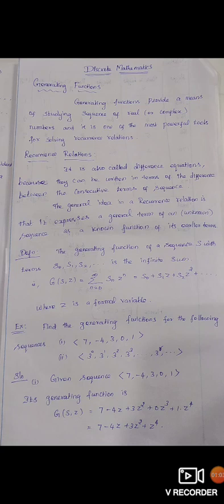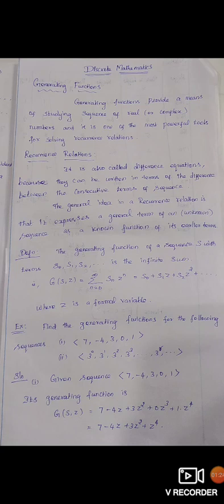The mathematical expression is g(s, z) = summation n equal to 0 to infinity S_n z^n. That is equal to S0 + S1 z + S2 z^2 and so on, where z is a formal variable.